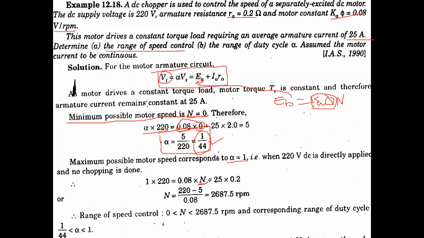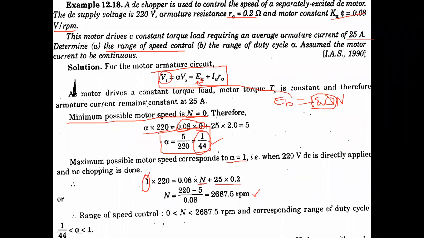Here we are going to calculate the speed for the maximum possible duty cycle, which is 1. So N is unknown, plus 25 into 0.2, because 25 is the armature current and 0.2 is the armature resistance. Substitute and simplify, and you will get the speed as 2687.5 RPM. So this is the maximum speed that will be available at the maximum duty ratio.